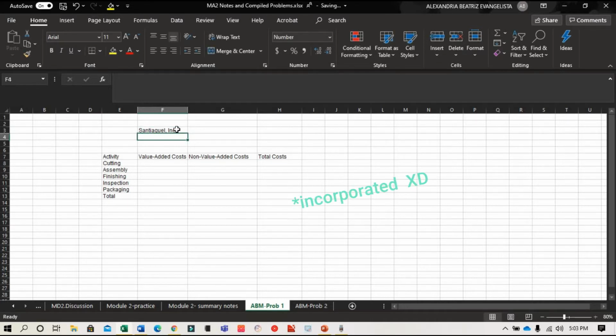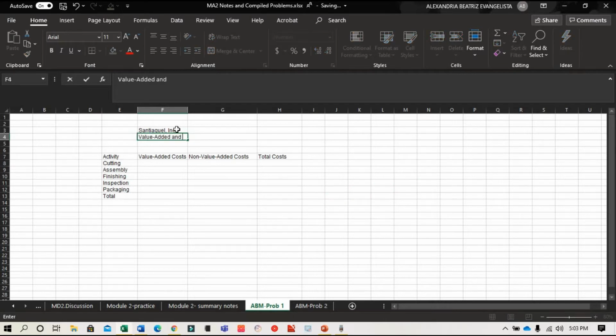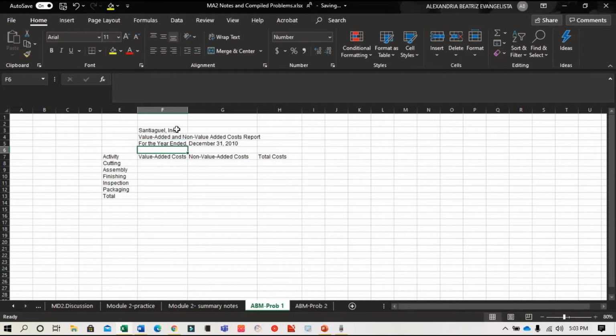For the type of report, value added and non-value added cost report. And let us indicate the date for this report, which is for the year ended December 31, 2020.